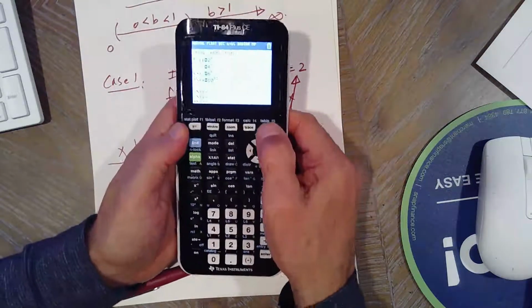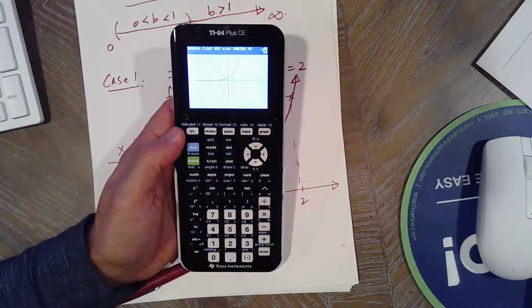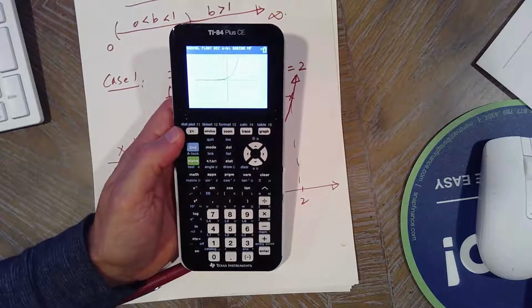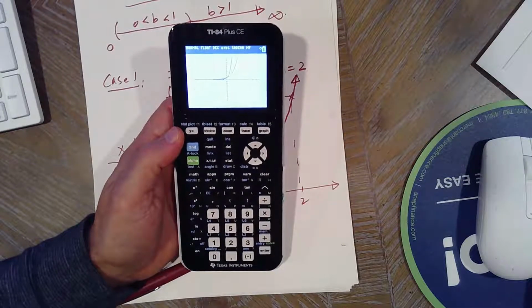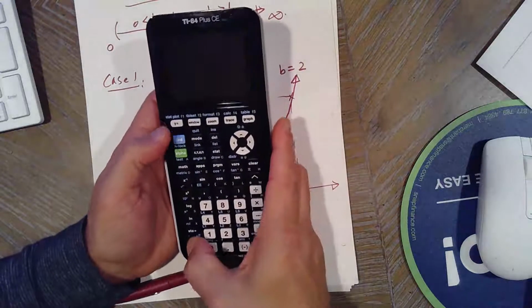You can see how they all have the same shape, but the bigger the base, the faster it's going to infinity, meaning the graph is getting closer and closer to the y-axis. So 2 to the x, 4 to the x, 6 to the x, and then 10 to the x. There we go, okay? They're all examples of exponential growth.